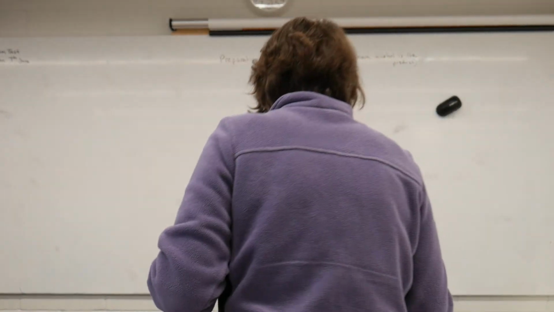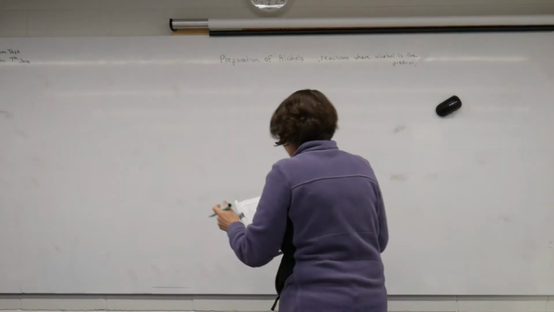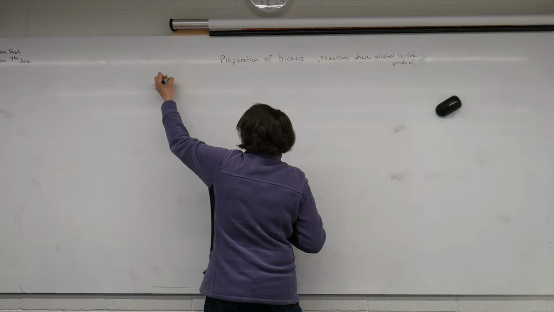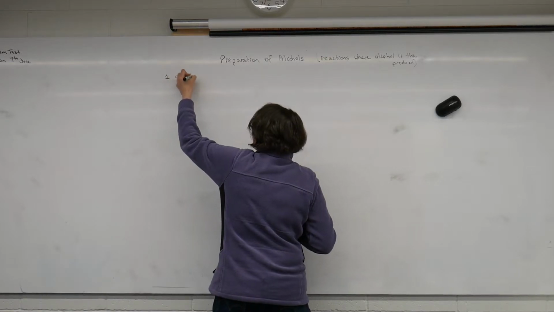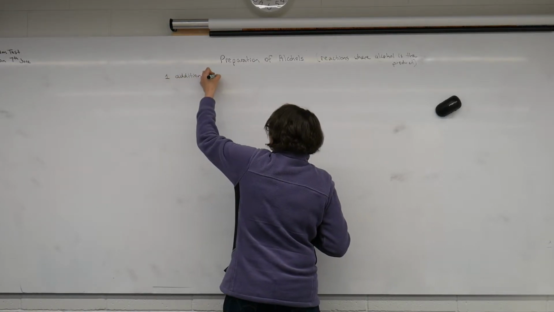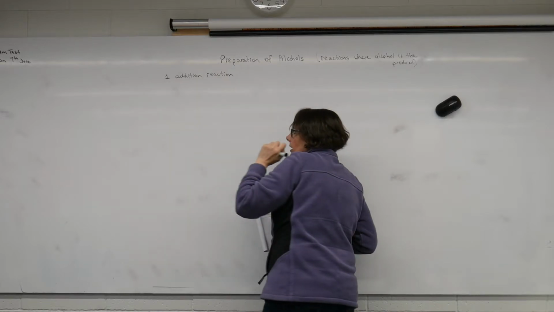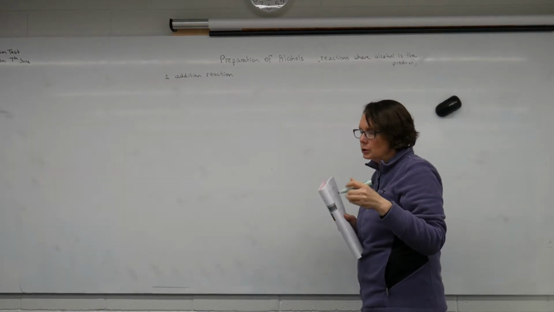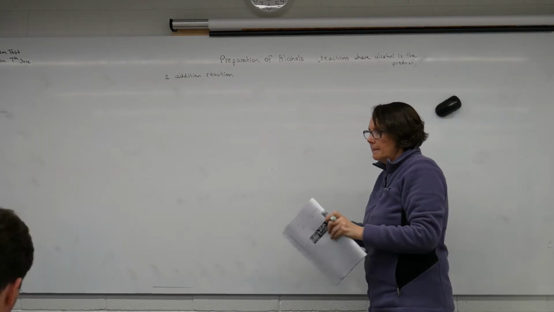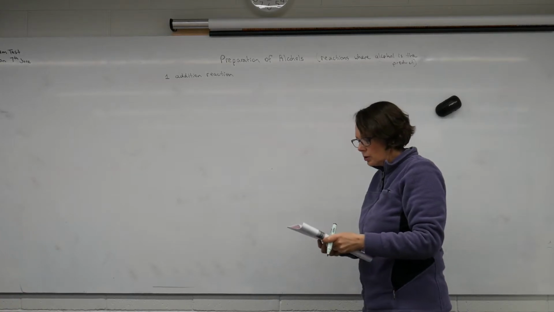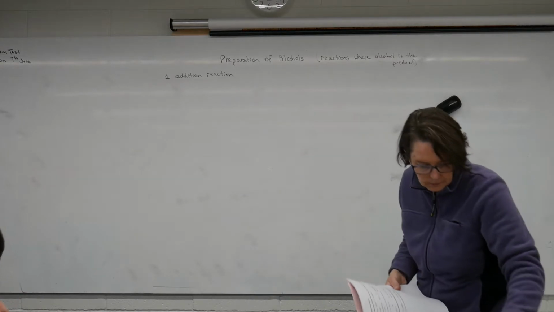On page 31, our first one is an addition reaction. And it's just the same as the addition reactions that we've already talked about, except the conditions required are a little bit different.